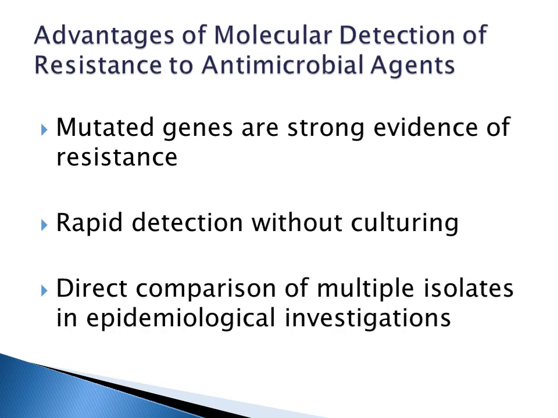So, the advantages of molecular detection of resistance to antimicrobial agents. Finding these genes or mutations in these genes is very strong evidence of resistance. You can grow the organism up on a plate, and you know you have the organism. Or you can look for a target gene and know you have the organism using molecular-based studies, but is that organism resistant or susceptible?